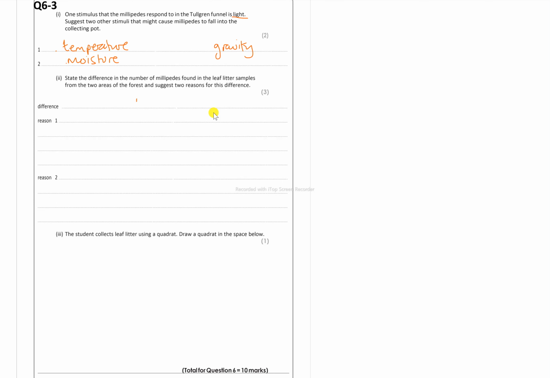State the difference between the number of millipedes in the leaf samples in the 2 areas. So there are more millipedes in the center, right?